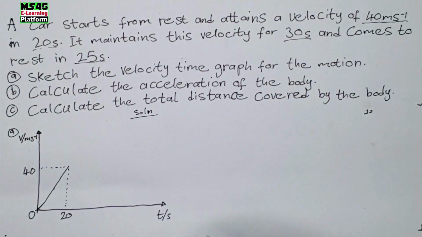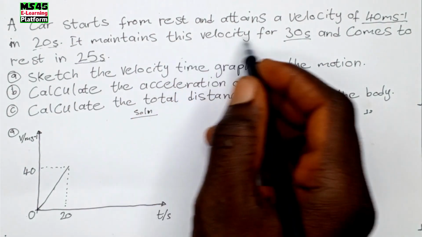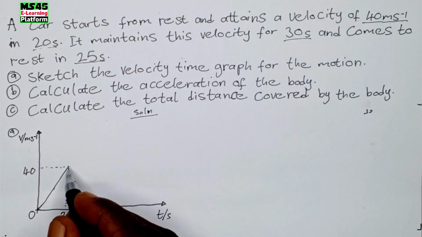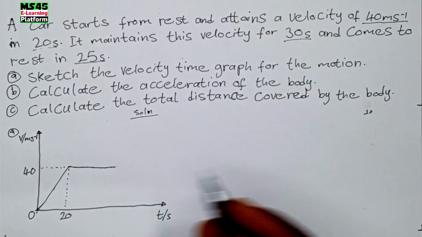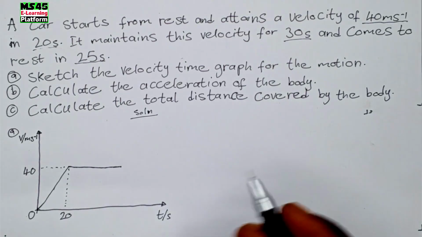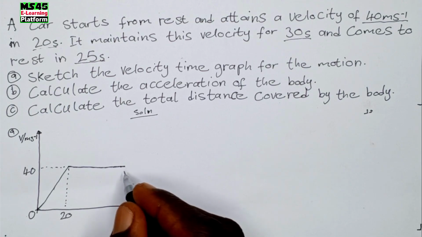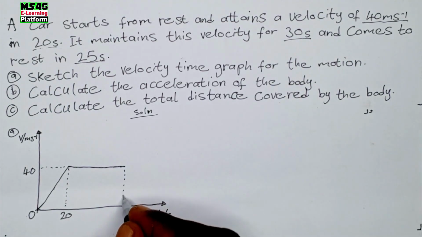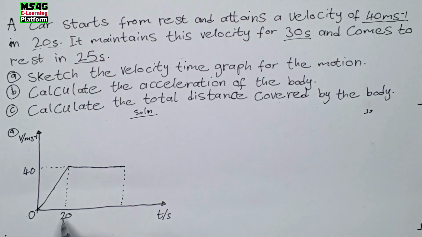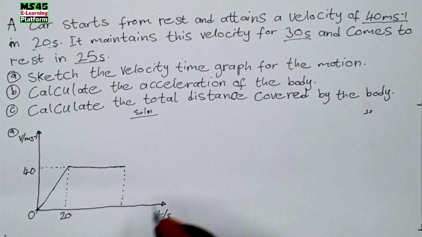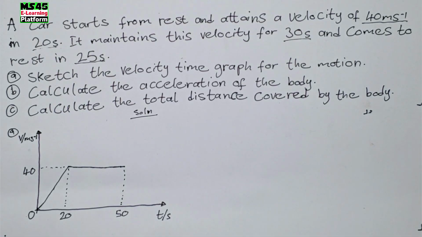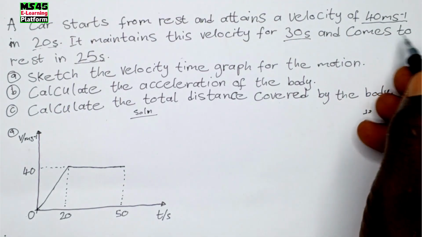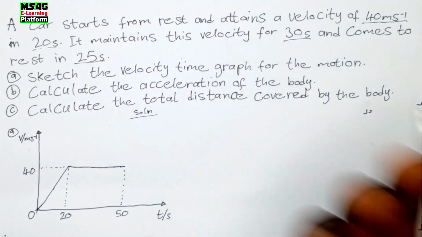It maintains this same velocity for 30 seconds. So for t, you add 30 plus the 20, giving us 50 seconds. So write your 50 seconds, and it comes to rest in 25 seconds.